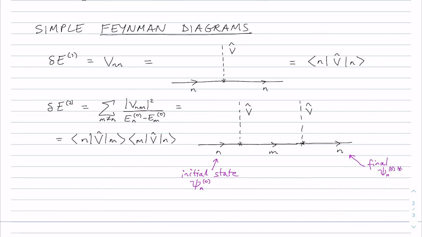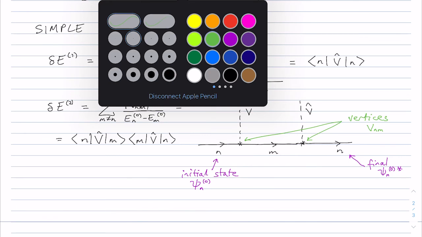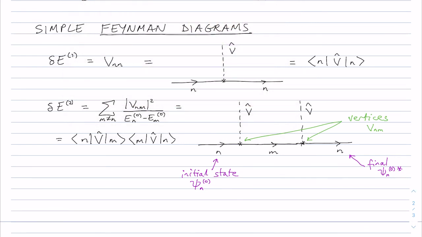I have vertices, which are V and M. And I have an energy denominator, and this is an intermediate state.